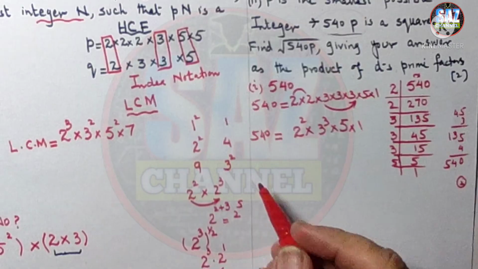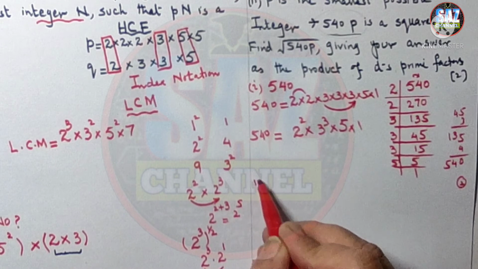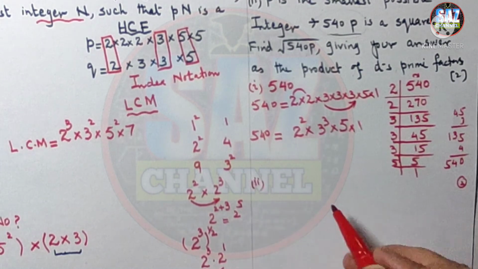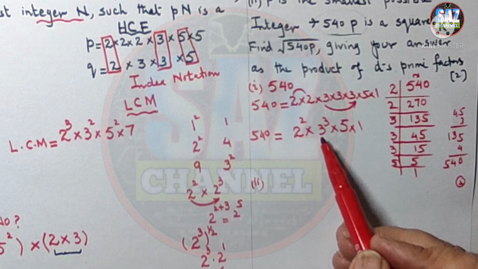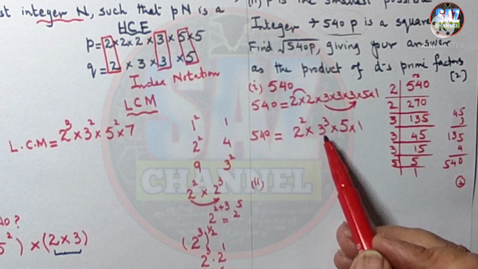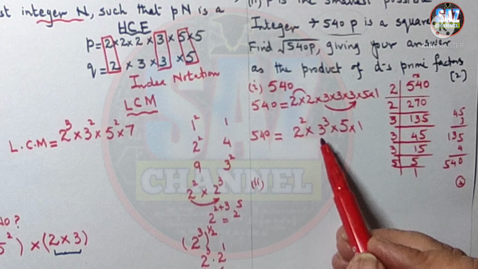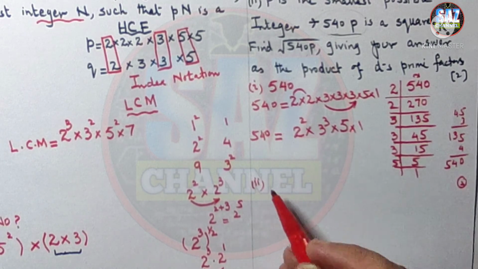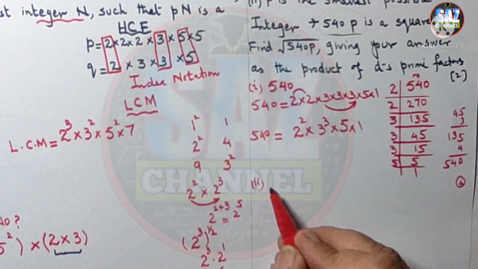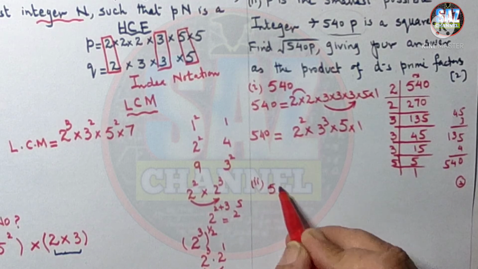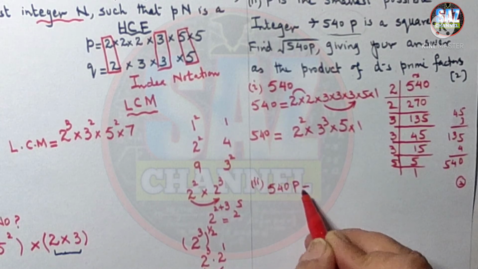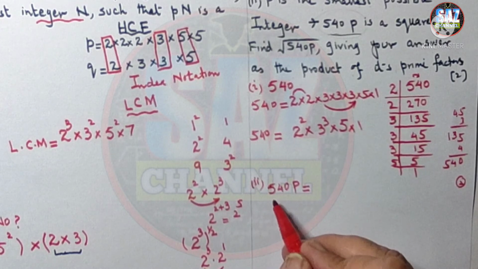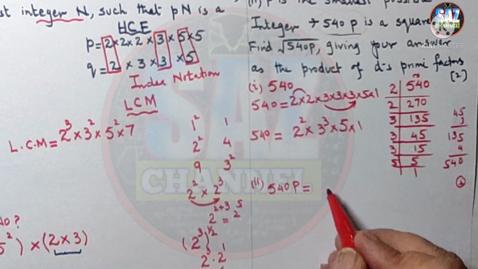Again, recall that if 540p is a square number, then the powers of every prime must be even. They will be multiples of 2. So first of all, we have to find the value of p which makes 540, which is not a perfect square number, a perfect square number.